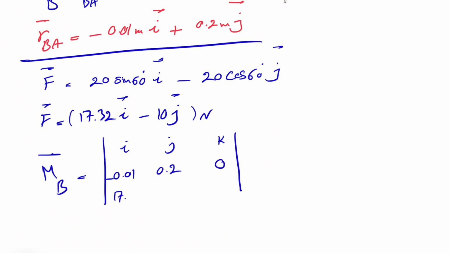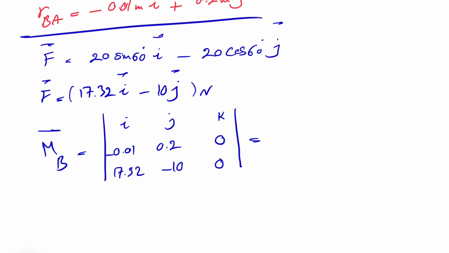And for F, we have 17.32, minus 10 and 0. Let's find the i component of this. If we want to find the i component, we're going to cover the first column. Basically we have these two, and we cross multiply them: 0.2 times 0 minus 0 times minus 10. That's going to give us 0, so nothing for x.